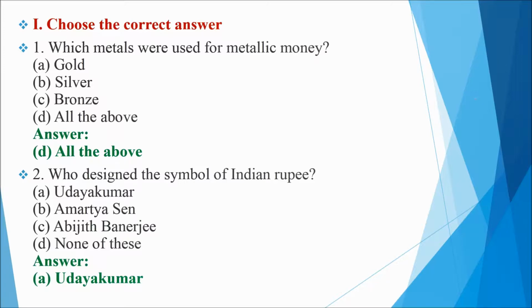So the correct answer is option D, all the above. Question number 2. Who designed the symbol of Indian rupee? Option A, Uday Kumar. Option B, Amartya Sen. Option C, Abhijit Banerjee. Option D, none of these. So the correct answer is option A, Uday Kumar.